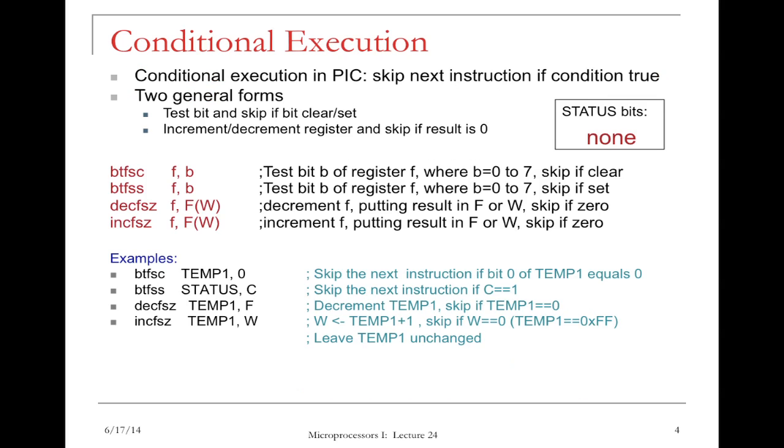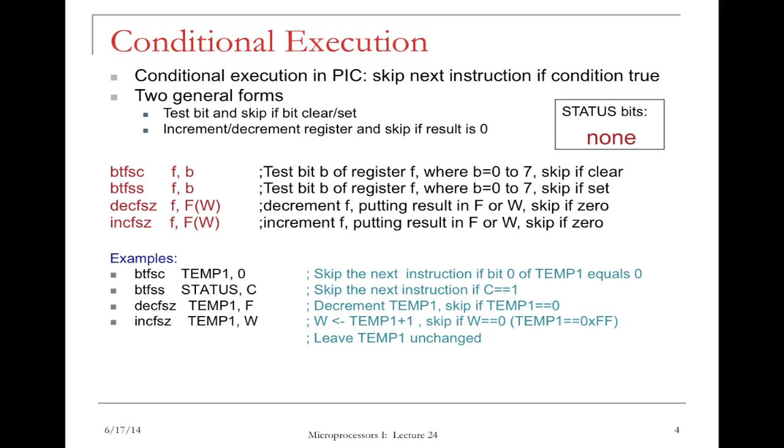Now I'm going to introduce a few conditional branching instructions. Now these instructions are relatively new compared to the instructions we saw in 386. In 386, in Intel processors, we do have these conditional branching instructions, JNZ, JZ, JE, if you remember, or JCC, where CC is the condition code.